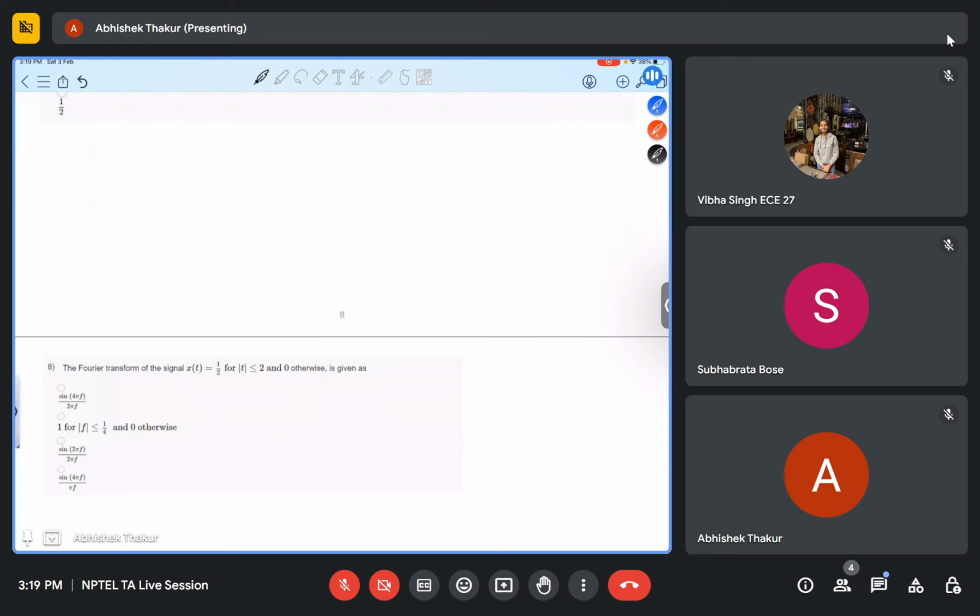Now we have to find the Fourier transform of the signal x(t) equal to half for the value of t from minus 2 to 2. So we'll solve this question.